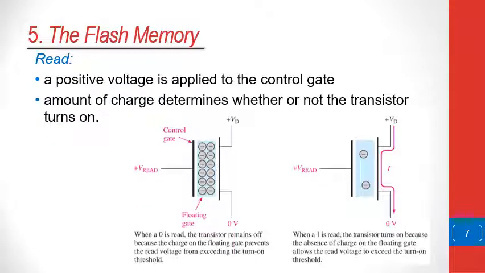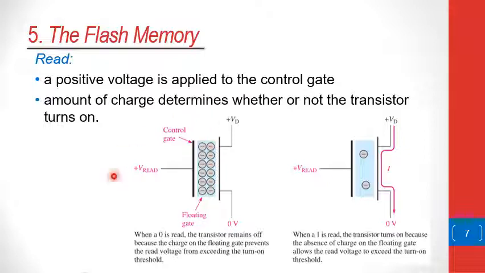So the read operation occurs by applying a positive voltage on the control gate, and the way the flash cell is read is by determining whether or not the transistor will be turned on. The amount of charge stored in the floating gate will determine whether the transistor is turned on or not.